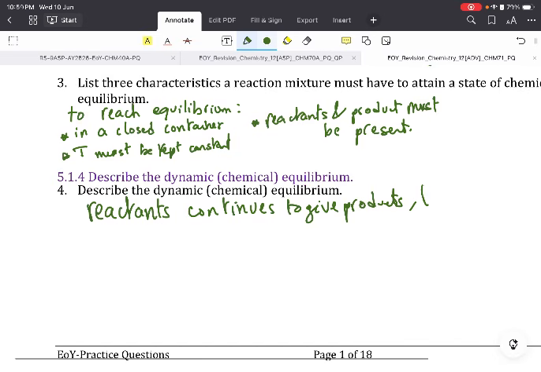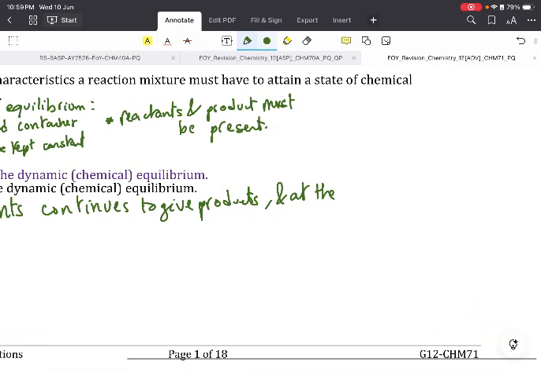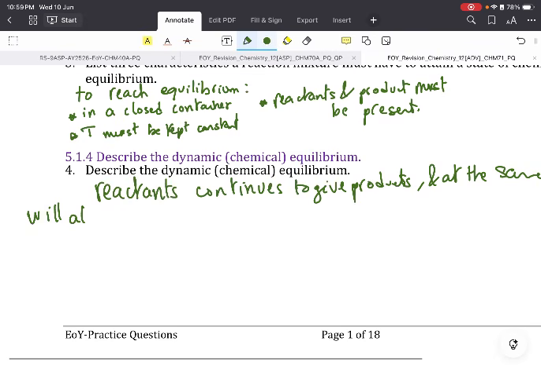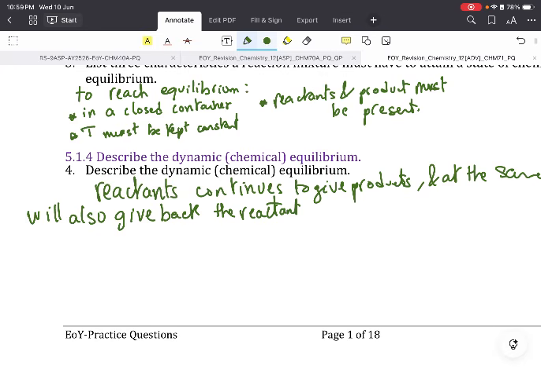So it is as if there is no change; we reach a point where we don't see any change. And why don't we see any change in their quantities? Because the reactants keep giving the products, and at the same rate, at the same speed, the products will give the reactants.